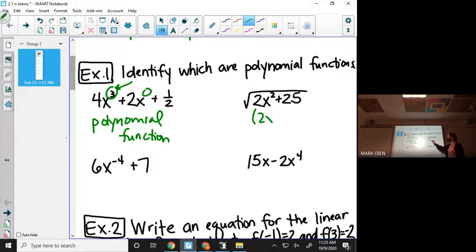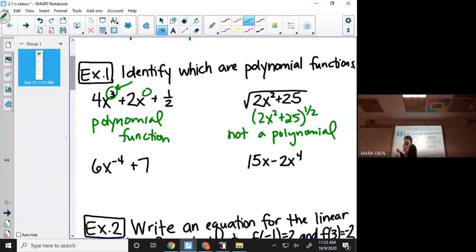And technically, a square root, like I mentioned a little bit ago, means it is to the 1/2 power. So that's not a whole number exponent. It is positive, but it's not a whole number. So I'm going to say not a polynomial. Roots we call radical functions, so that is technically a radical function.